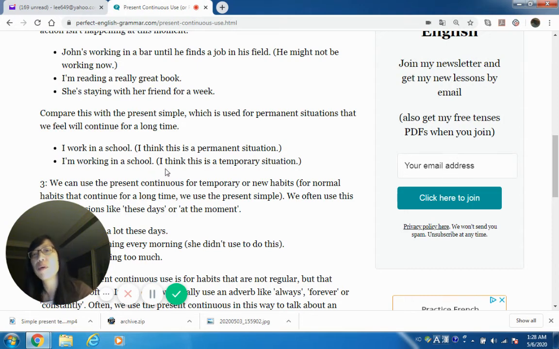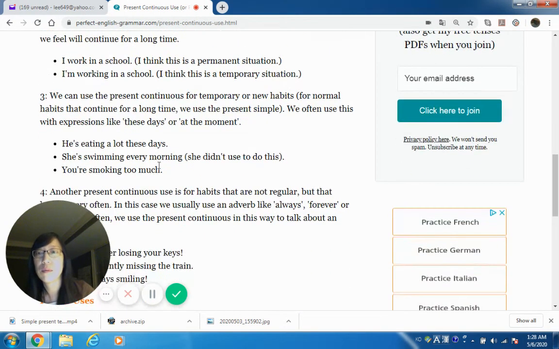In number 3 case, we can use the present continuous for temporary or new habits. For normal habits that continue for a long time, we use the present simple. We often use this with expressions like these days or at the moment.